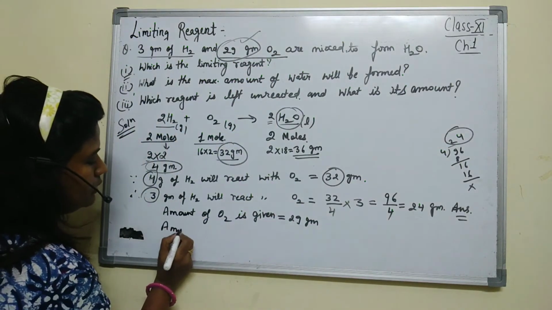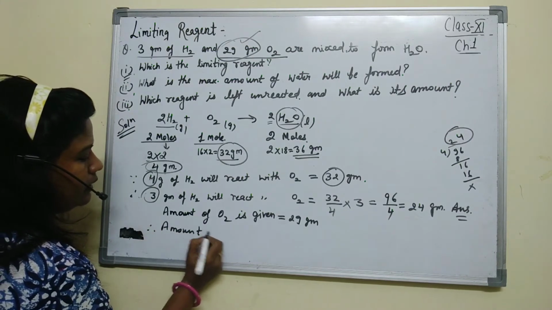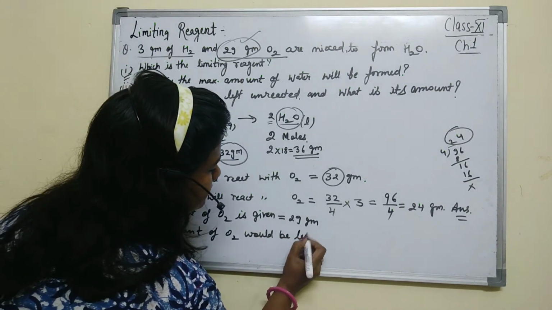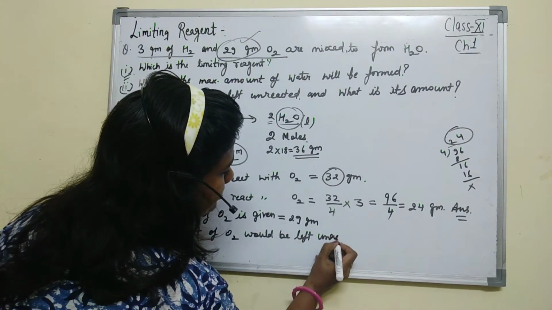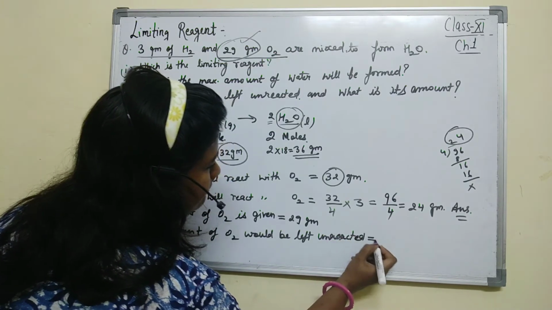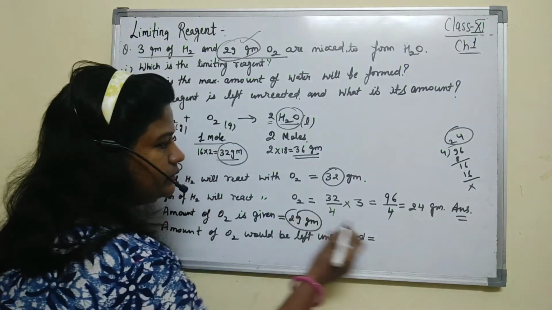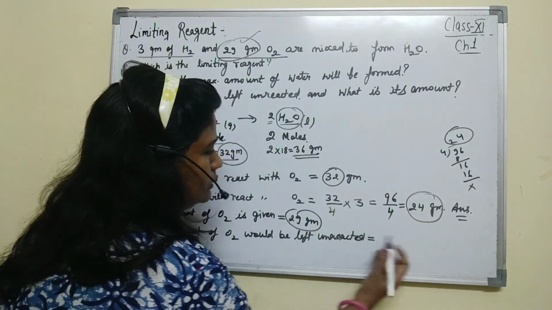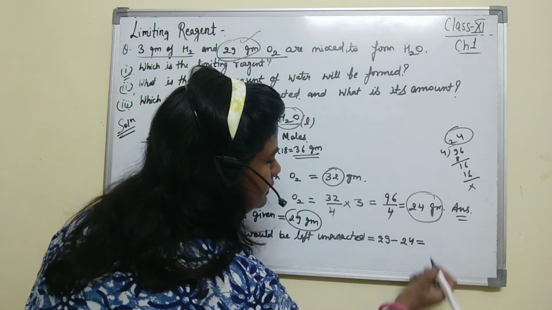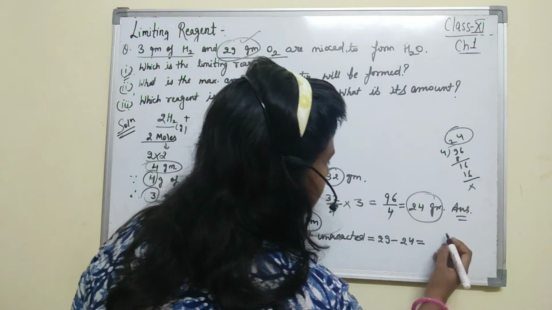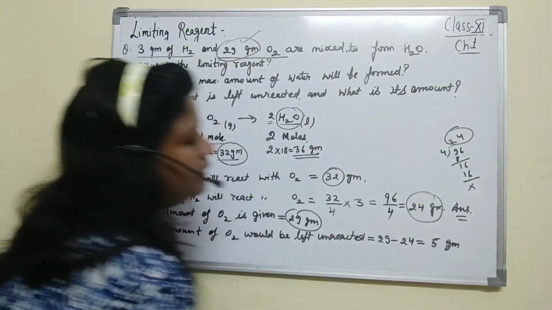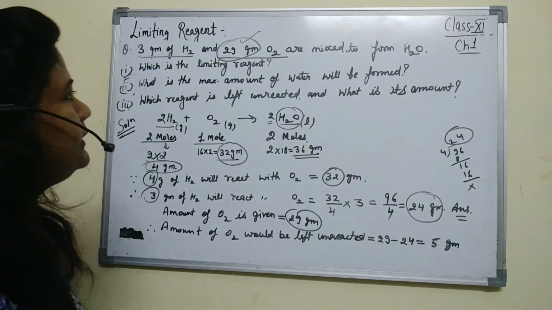Therefore, the amount of O2 left unreacted will be 29 minus 24, which is equal to 5 gram. Okay, 5 gram amount of O2 left unreacted.